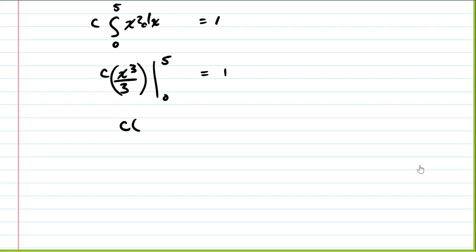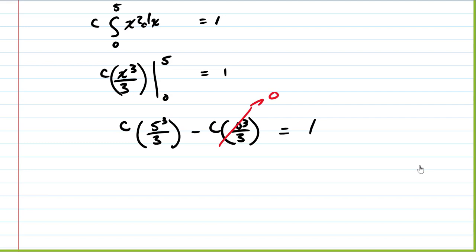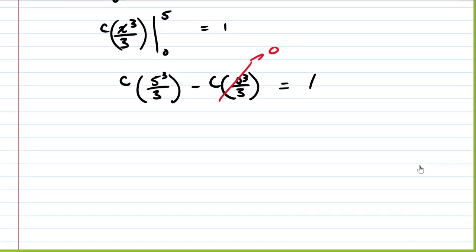So we're going to have c times 5 cubed over 3 minus c times 0 cubed over 3 is equal to 1. Well, 0 cubed is just going to be 0. 5 cubed is 125, so we get 125c over 3 is equal to 1.